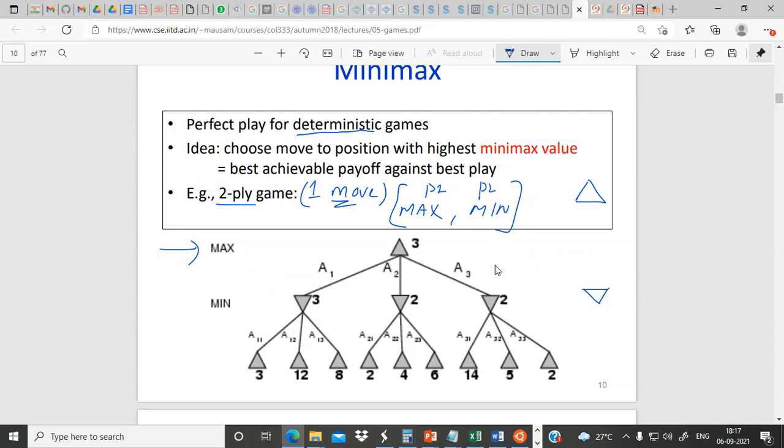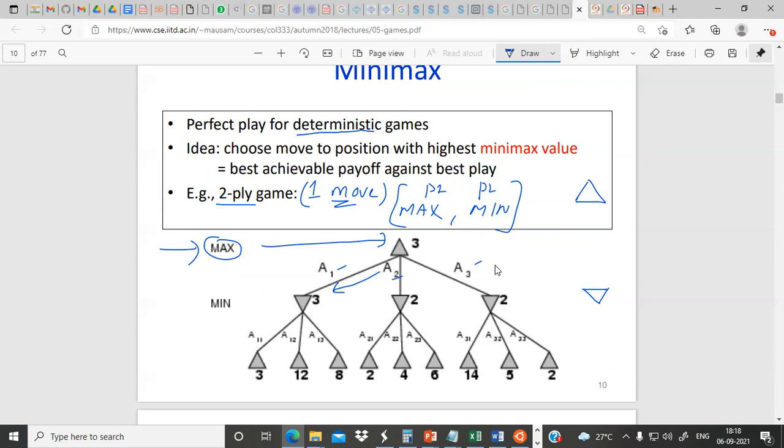At the root node, player one has three successors: a1 with the value of 3, a2 with the value of 2, a3 with the value of 2. Player one will always try to maximize, so he chooses this 3, that is, he chooses this path.